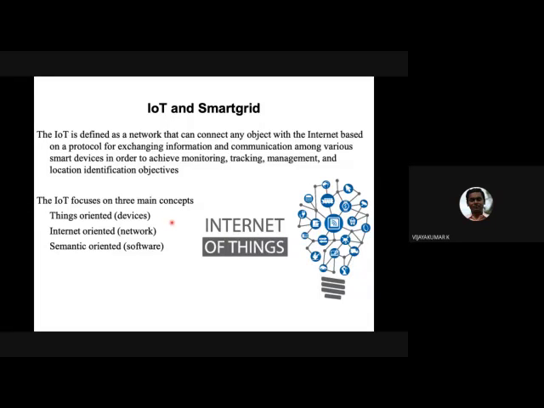The second is internet oriented. If you want to communicate with the GenCos or other devices, then you have to connect them with the internet or with the network. Then the third is software: on top of it, you should have some kind of GUI for monitoring, right? So again, software also plays a major role in smart grids.